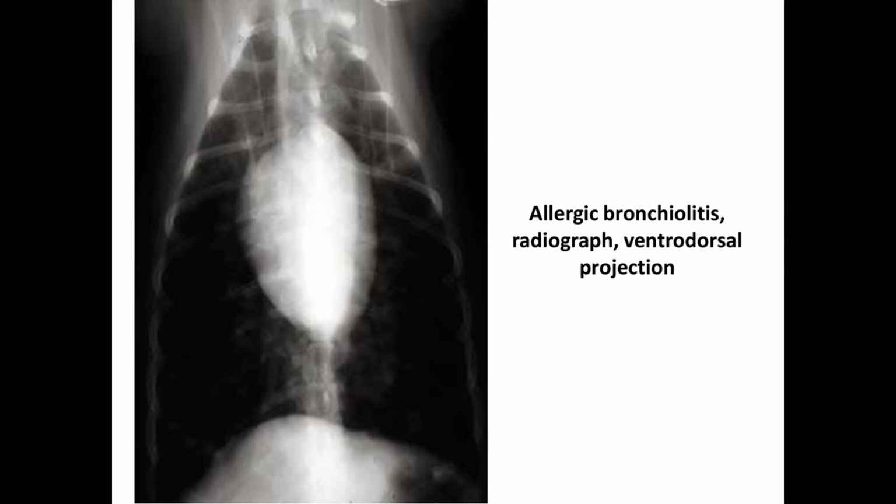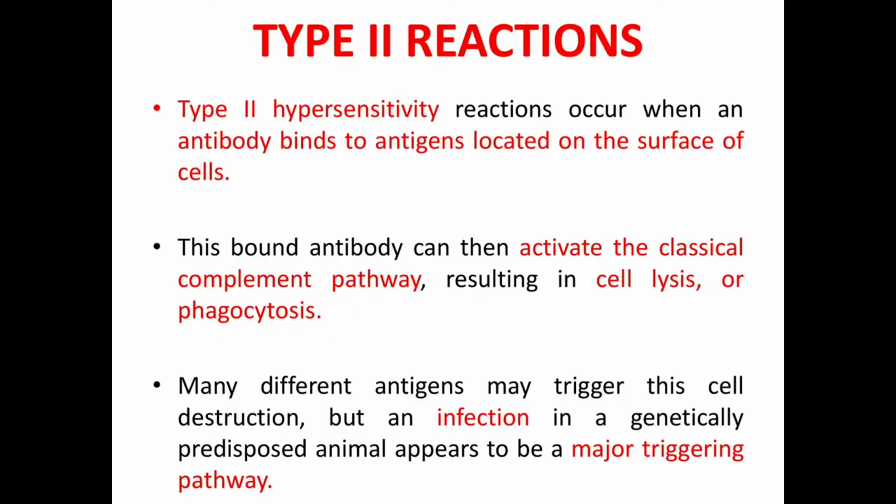So these are the examples of type 1 hypersensitivity mediated by IgE and mast cells. That's all about type 1 hypersensitivity reaction. It includes generalized anaphylaxis and also localized allergic reactions.